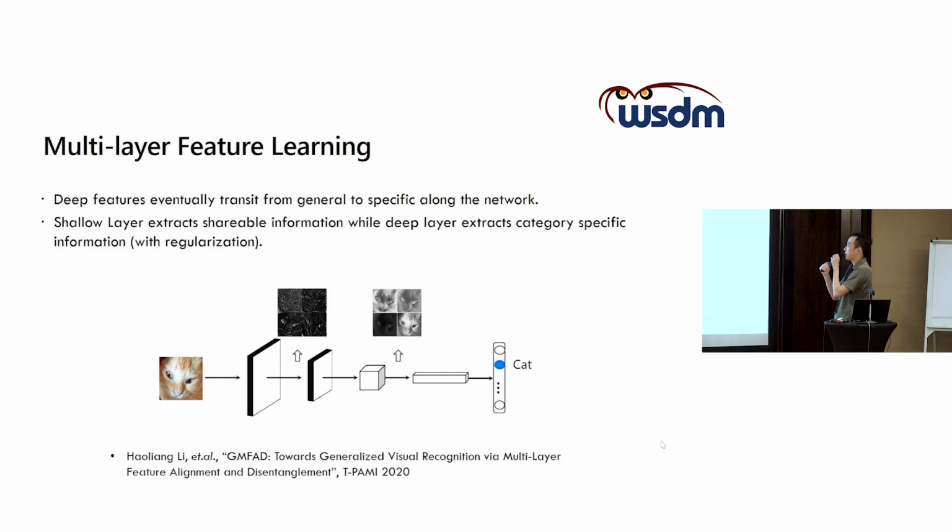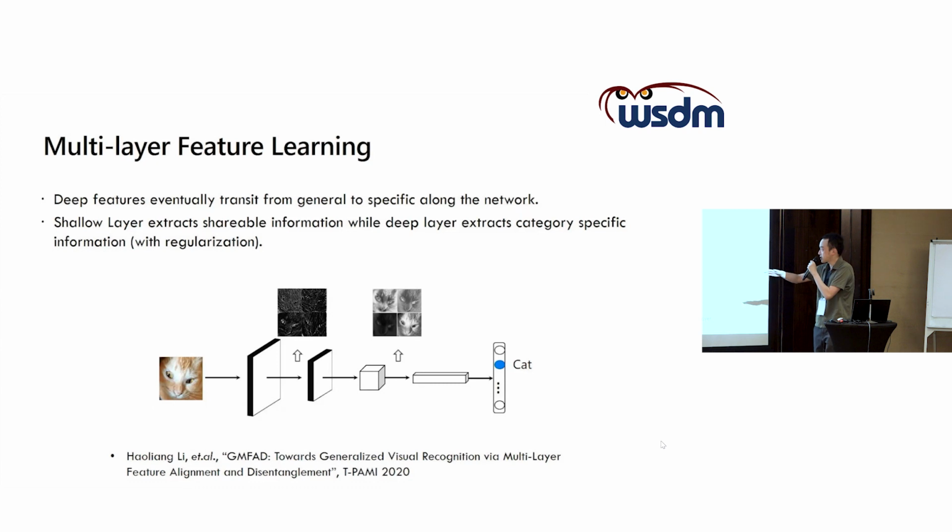So the idea here for this multi-layer feature learning is based on the observation that the deep features eventually transit from the general to the specific along the network. So for example, here I want to give you a cat example for illustration purposes.